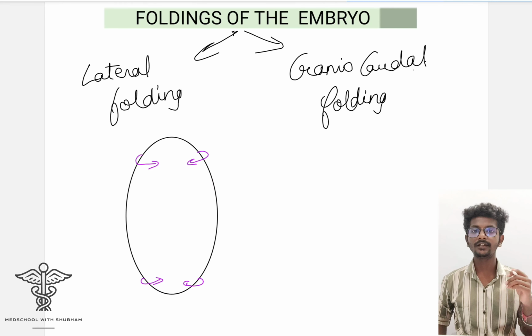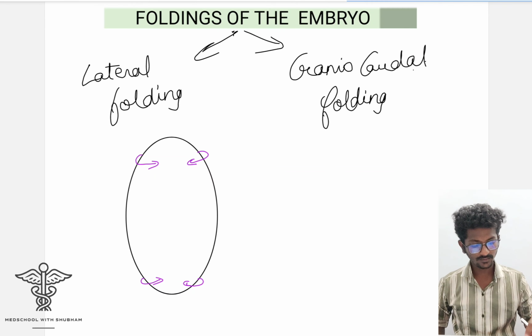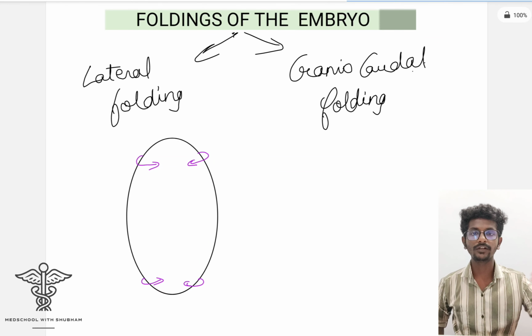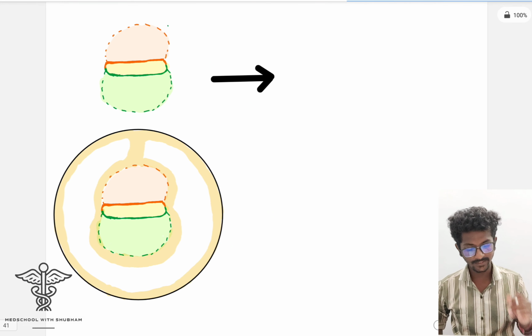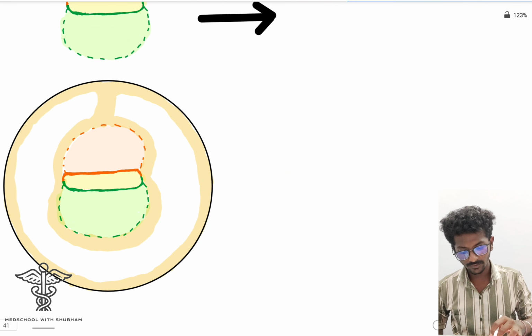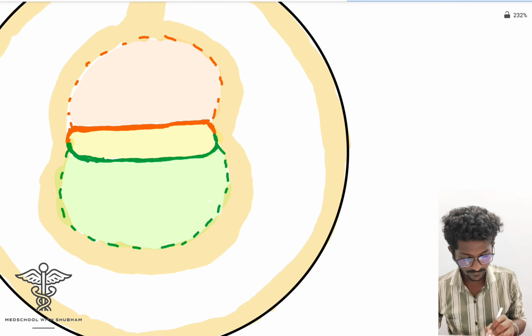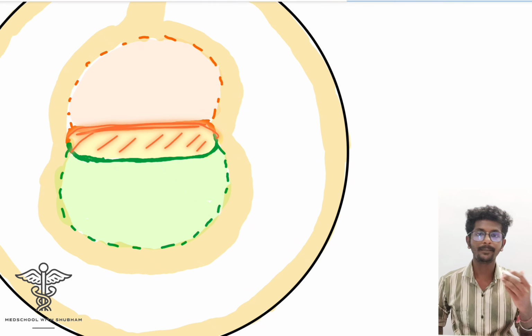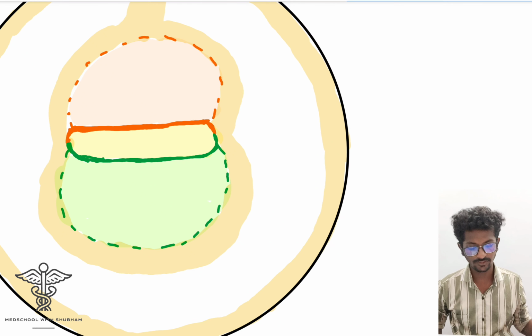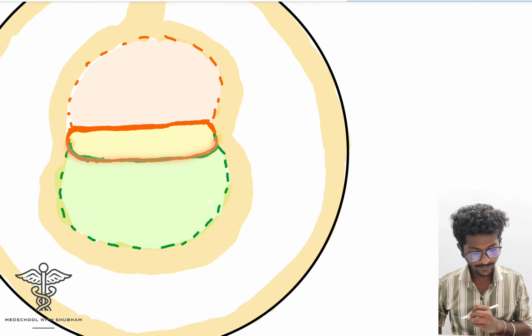Now the next one is the craniocaudal folding. So what is craniocaudal folding? The name suggests it, and for that also I'll make a diagram. I hope you know all these things. This is the ectoderm, this is the intraembryonic mesoderm, or you can just say mesoderm, and this is the endoderm.